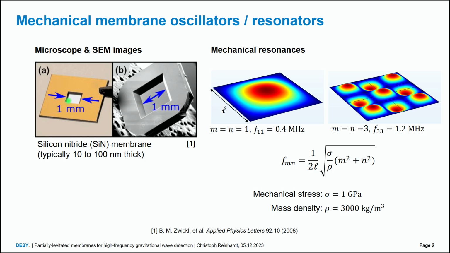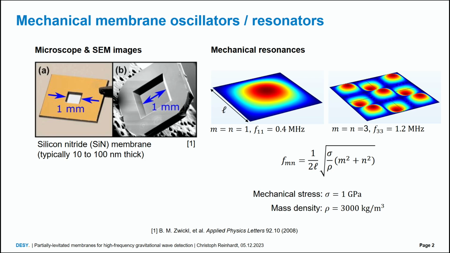Typical dimensions here are a lateral extent of millimeters and a thickness of tens to hundreds of nanometers. And silicon nitride is used typically for its very low intrinsic mechanical loss and its very low optical loss.